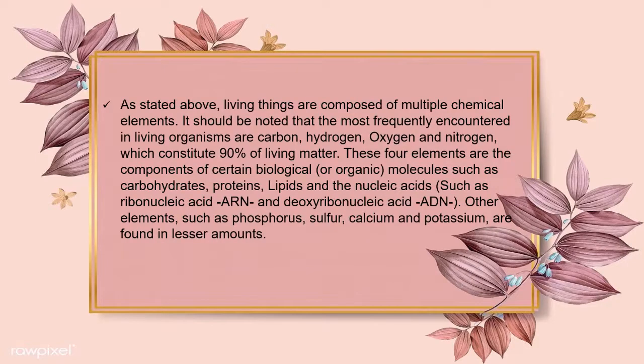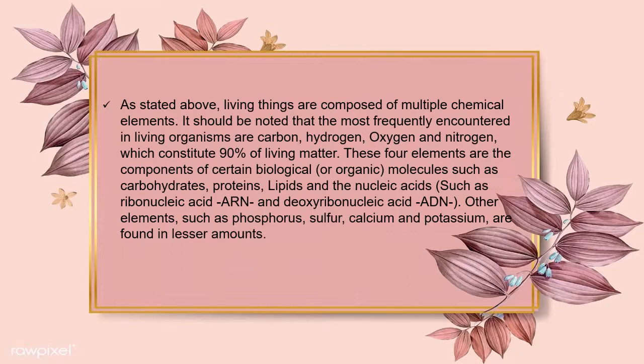As stated above, living things are composed of multiple chemical elements. It should be noted that the most frequently encountered in living organisms are carbon, hydrogen, oxygen, and nitrogen, which constitute 90% of living matter.